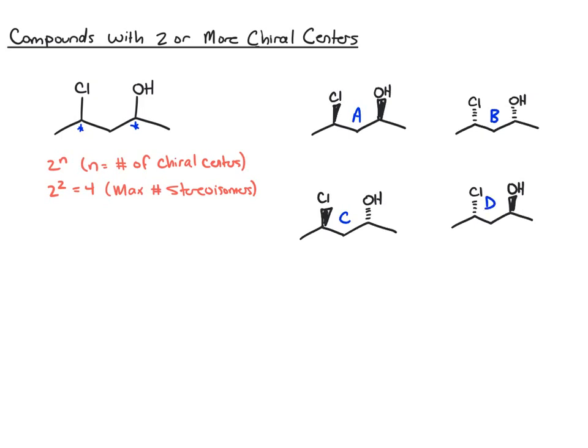Okay, now if we compare what we have here, compounds A and B, you have both chiral centers inverted, going from one to the other. If all the chiral centers are switched, that means we have a pair of enantiomers.